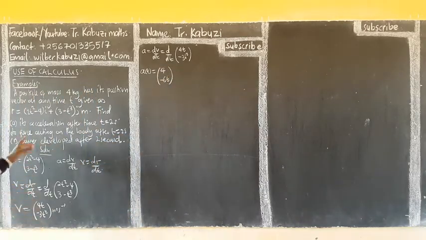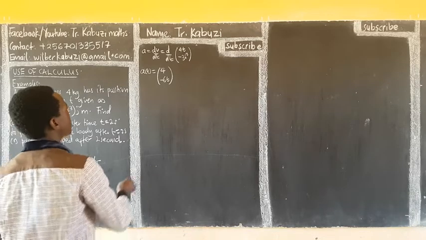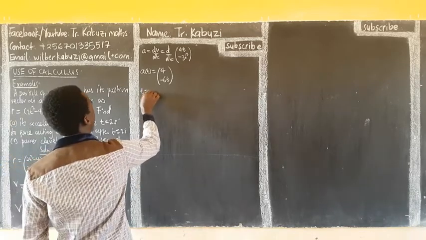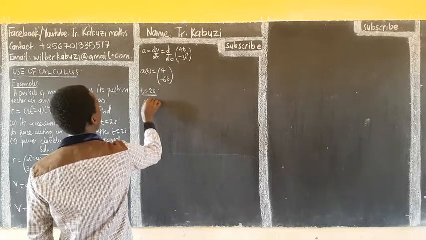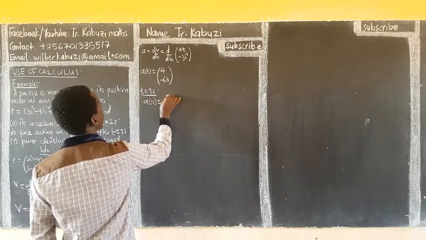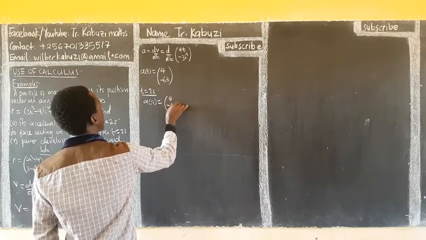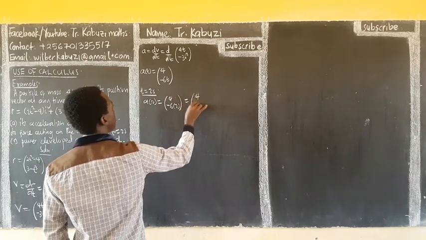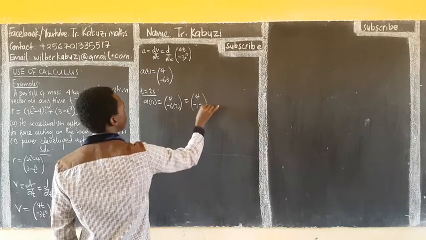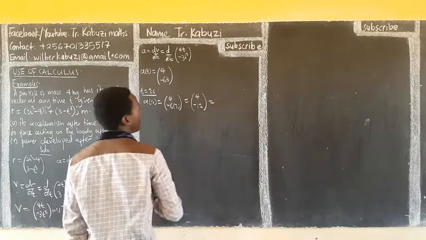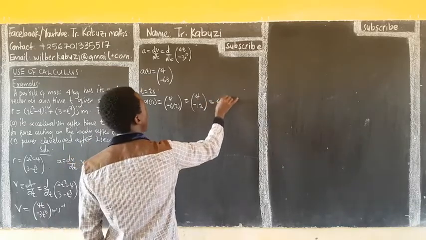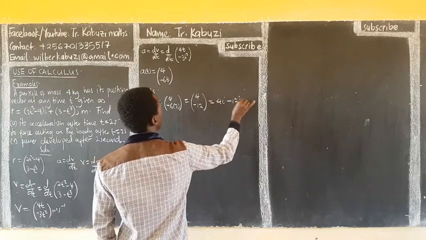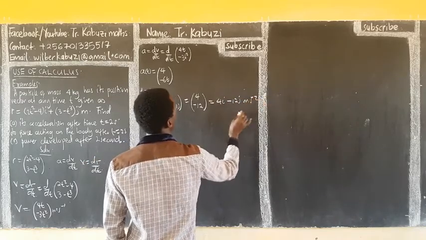They ask us to find the acceleration after 2 seconds. When time is 2 seconds, our acceleration is 4, then negative 6 into 2, which is 4, negative 12, which we can give as 4i minus 12j meters per second squared.